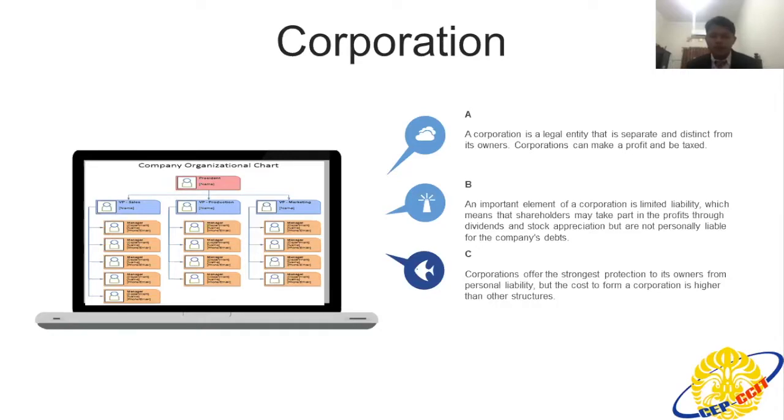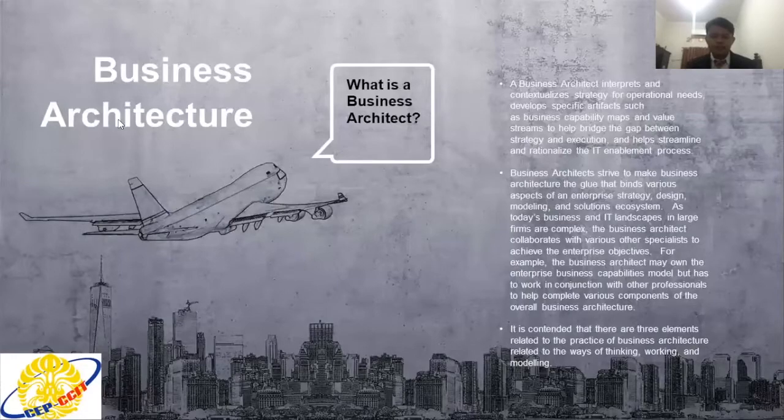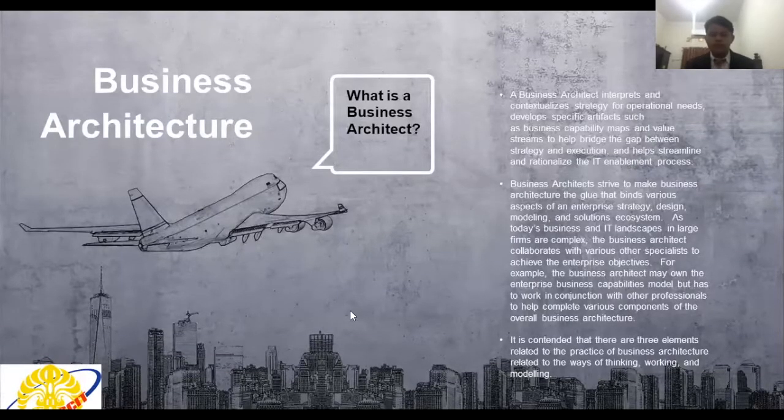Next, business architecture. Business architecture is a contextual strategy for operational needs, developing specific artifacts such as business capability maps and value flow to help bridge the gap between strategy and execution and help streamline and rationalize an IT enablement process. Business architects strive to make business architecture the glue that binds various aspects of corporate strategy, design, modeling, and the solution ecosystem.